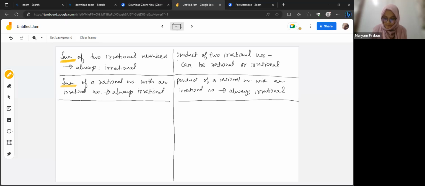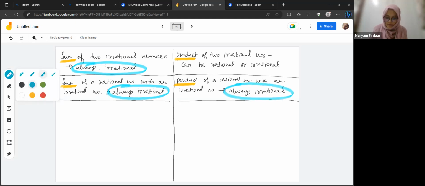Here we had sum. Here we had product. Here we had product. Okay. And here it was always irrational. Here also it was always irrational. Here also it was always irrational. But only in one case you get can be rational or irrational, depends on the numbers.